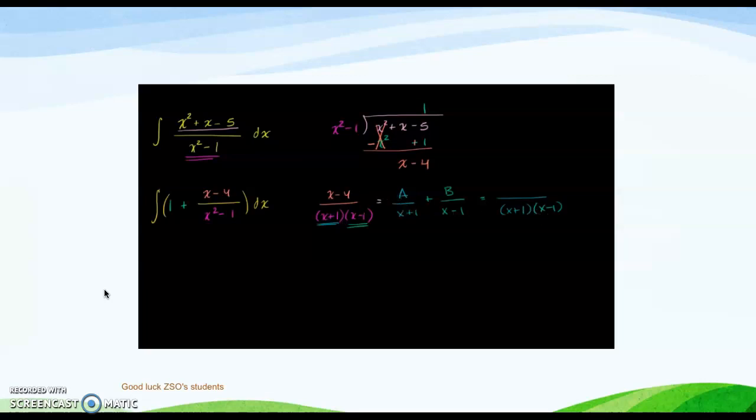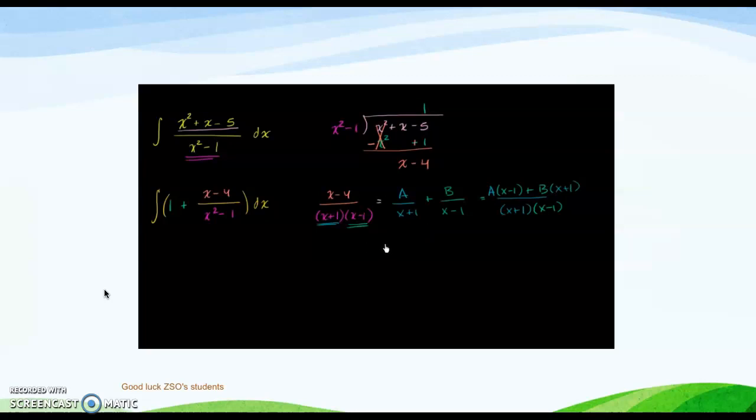And then, the first term, I would multiply the numerator and the denominator times x minus 1. So A times x minus 1, plus B, the second term, I'll multiply the numerator and denominator times x plus 1. And so what do we get?